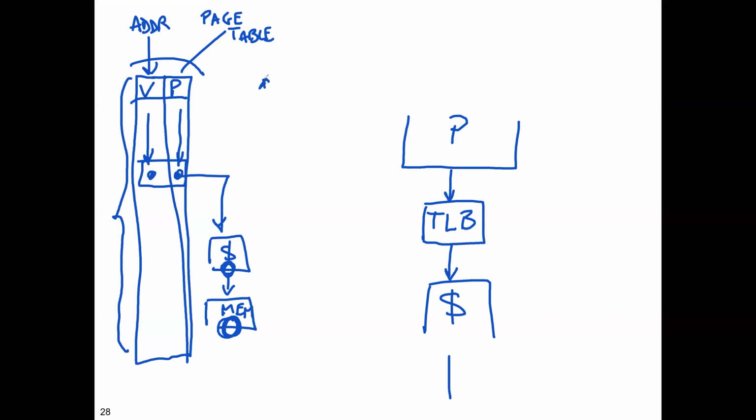This page table may be extremely big, depending on what has been allocated for you by the operating system, how much memory you consume, and so on and so forth. This is instead a hardware structure, a bit like a cache of the most frequent translations that you request.